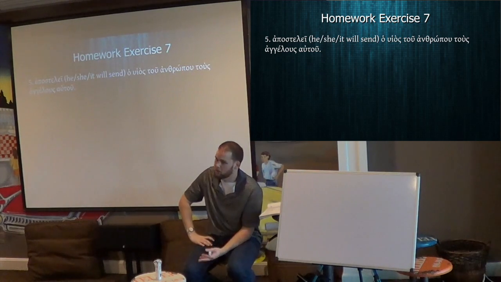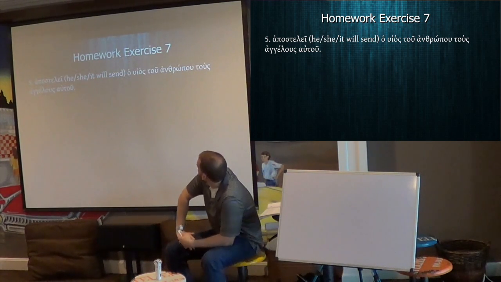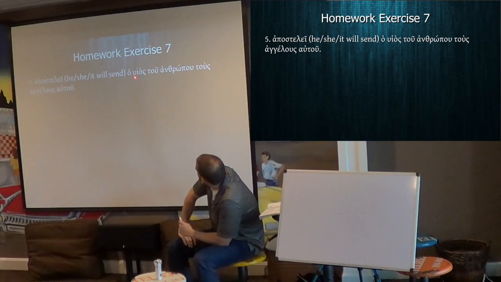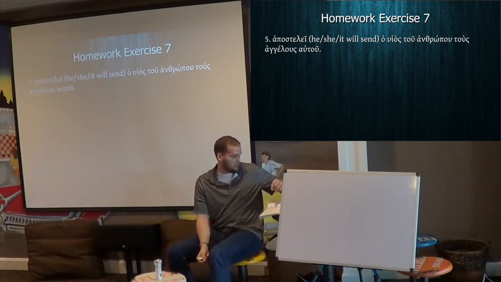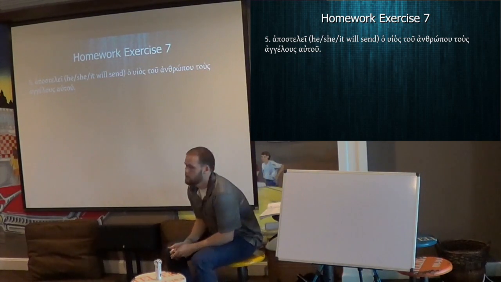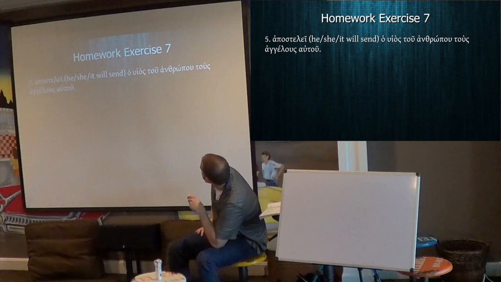Look for a nominative noun. Is there one there? So we have son. Yeah, son. Huios. That's a nominative. So what I do is I just underline the nominative first. So huios, that's our nominative, that's our subject.